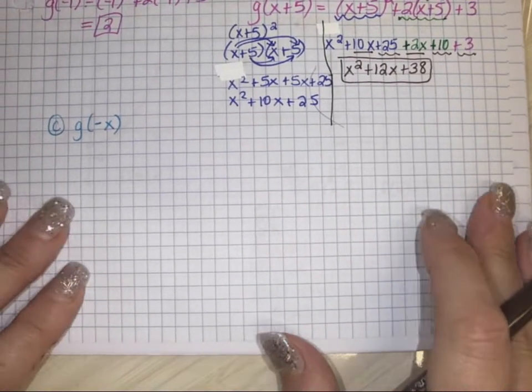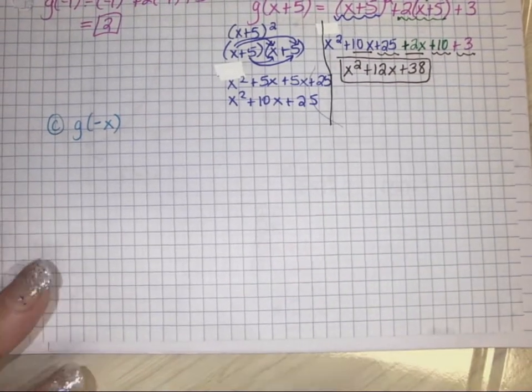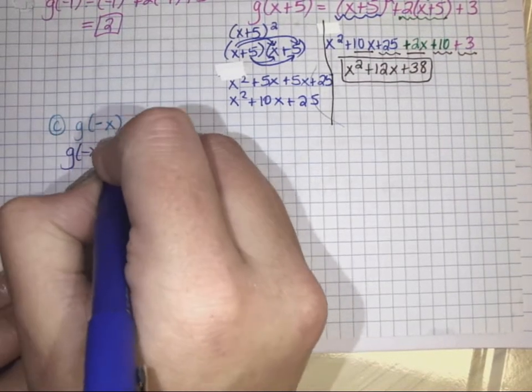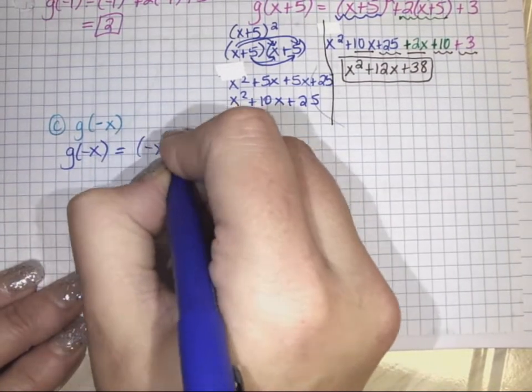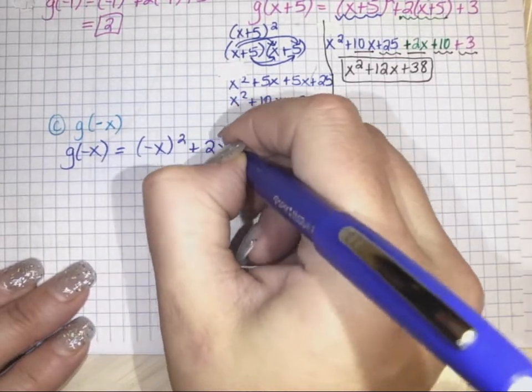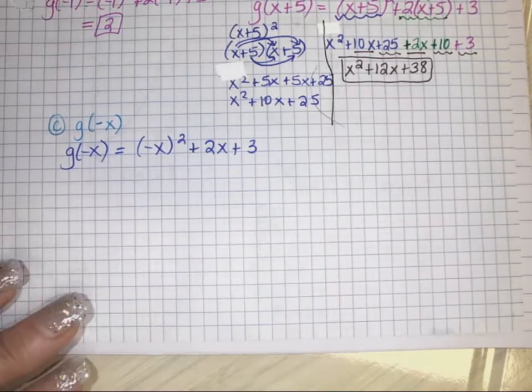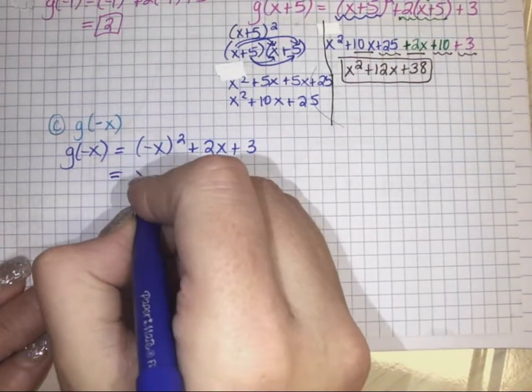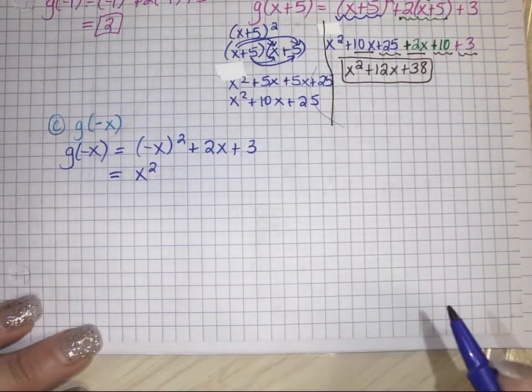Okay, last one. I'll show you really quick how to do this one, and then we're going to move on to the next. So g of negative x. And there's a reason that we're plugging in negative x. We're going to get to that when we do even and odd functions in 1.3. Negative x squared turns into positive x squared.